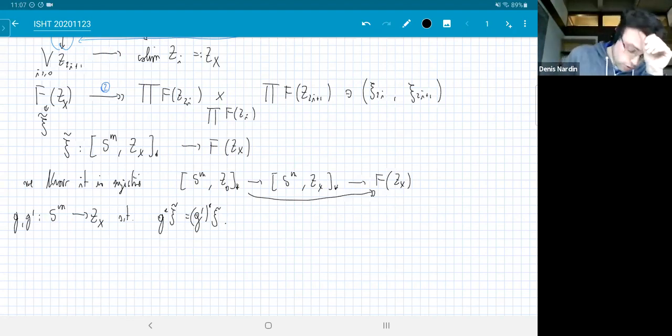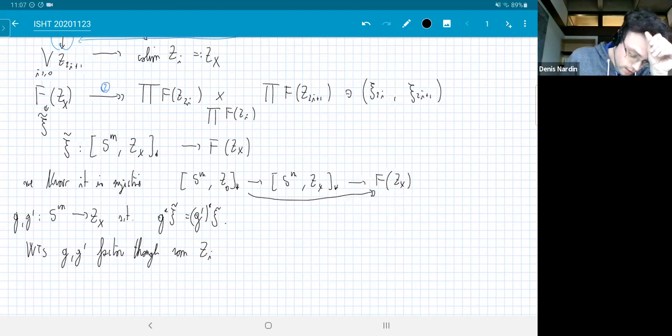And I want to show that G prime factors through some Zi.